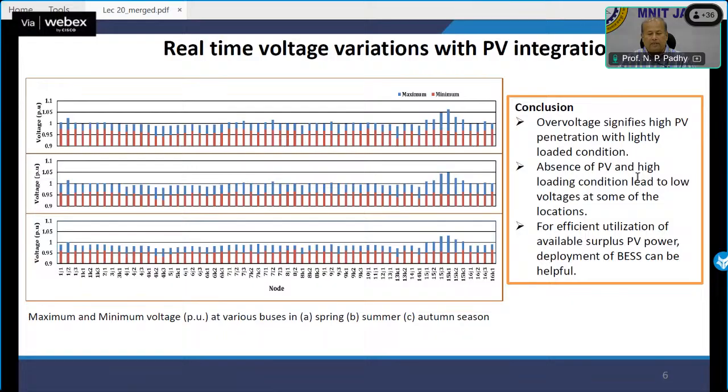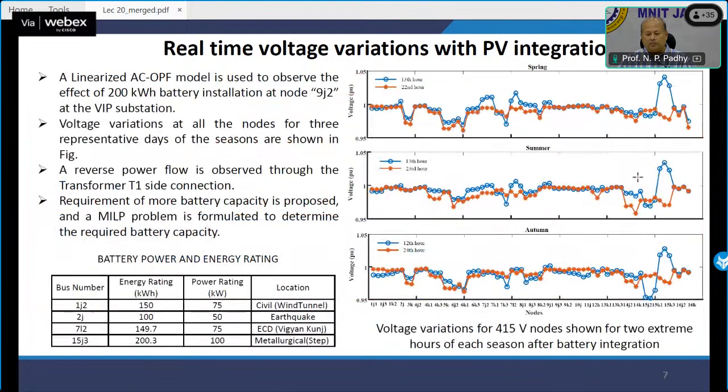So for efficient utilization of available surplus PV power, deployment of BESS can be helpful. What I wanted to highlight is that any distribution system does experience excess voltages due to excess PV and undervoltages due to excess loading conditions. So I think there is a solution that is possible through proper battery integration.